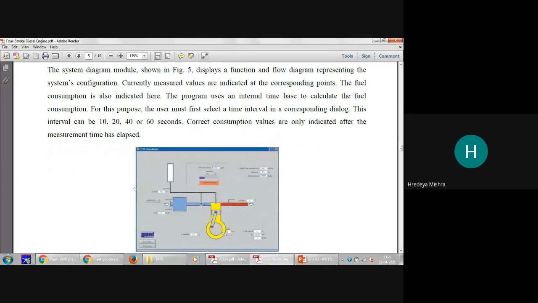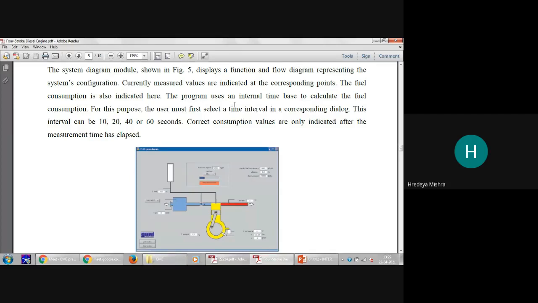Now see here, this is the diagram. The system diagram module, shown in figure number 5, displays a flow diagram representing the system configuration. Currently measured values are indicated at the corresponding points. The fuel consumption is also indicated here.